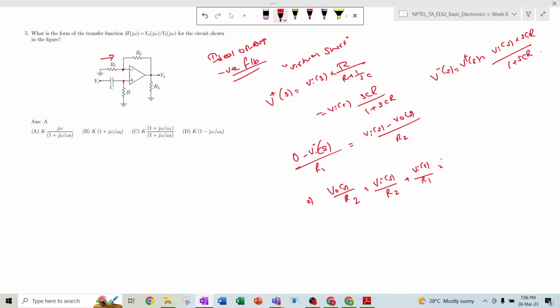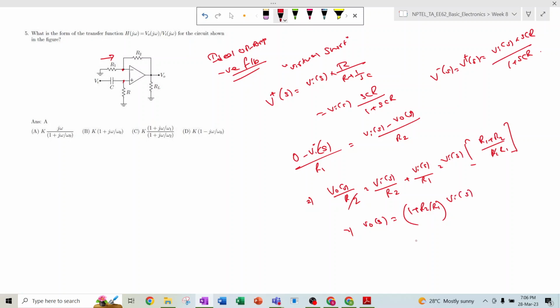If you take VIS common, you can get R2 by R1 plus R2. Now this R2 and R2 cancel out, so you will get VOS is equal to (R1 plus R2) by R1, R2 by R1 into VIS.